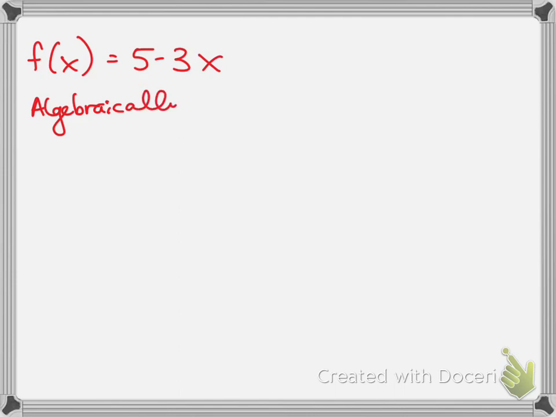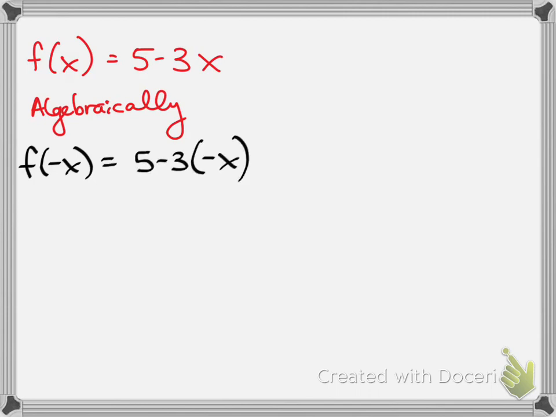Okay, let's do another. Start to finish. Let's do even, odd, or neither. And let's do it algebraically. Testing negative x. So you plug in a negative x, and then you simplify it.